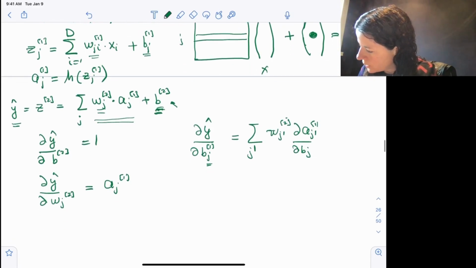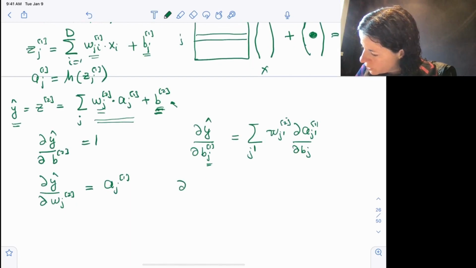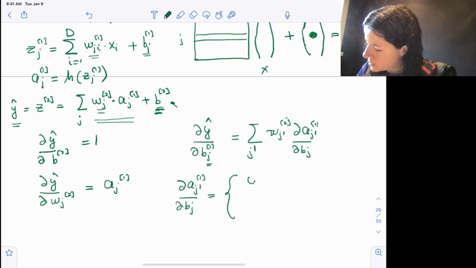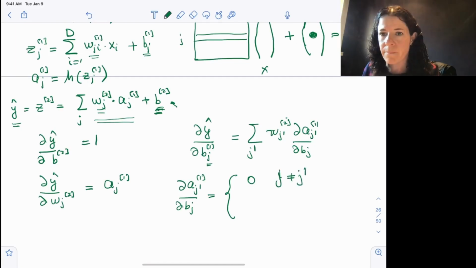Now let's look at this for a second, let me see if you agree with me. So da_j'/db_j, I claim this is equal to 0 if j is different than j prime.